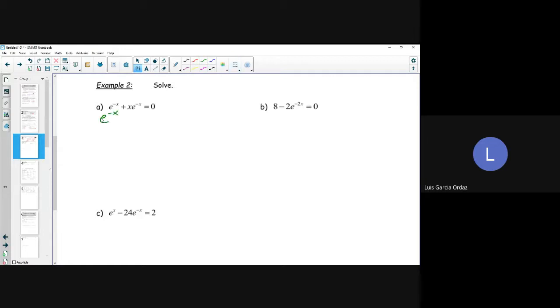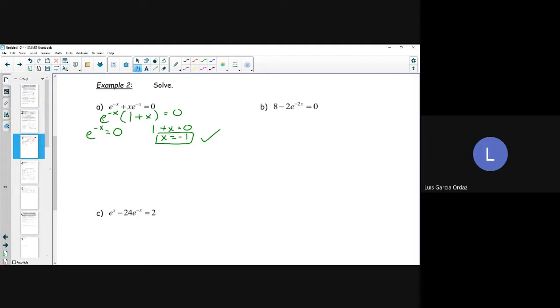If I factor out e^(-x), I am left with 1 plus x is equal to 0. So I have roots now. Basically, I have e^(-x) is equal to 0, and 1 plus x is equal to 0, which means x is equal to negative 1, which is fine. That is a good solution.